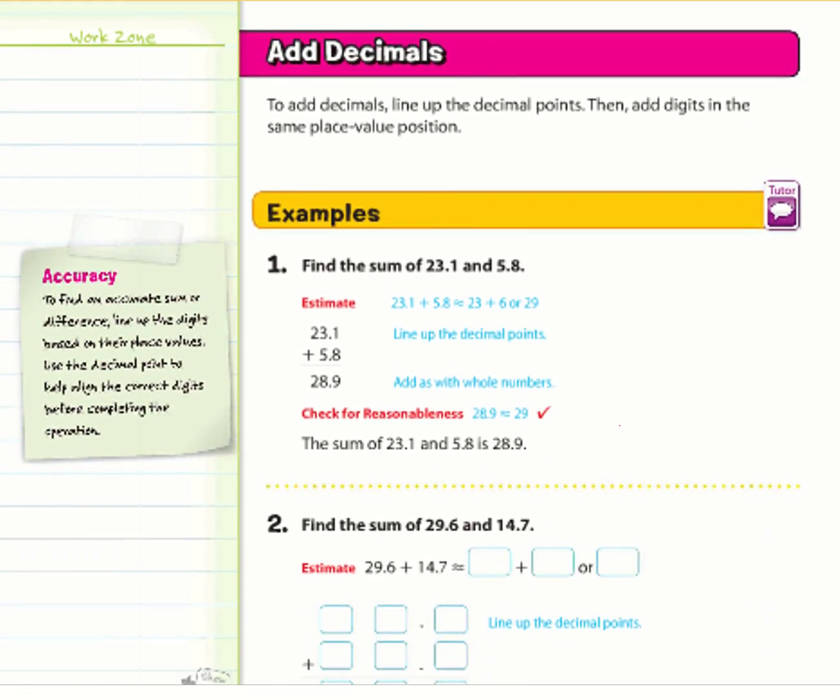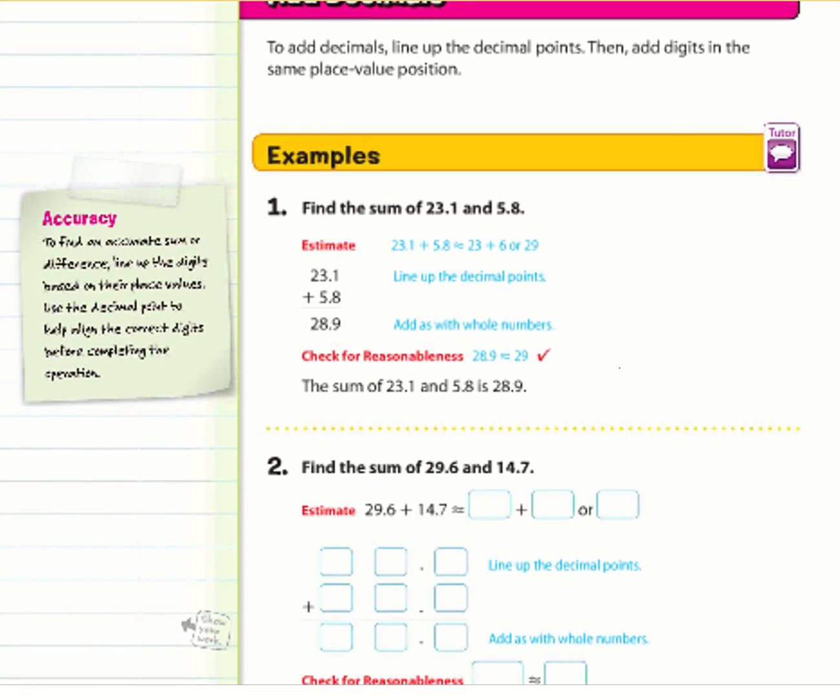Moving on to page 178, we're going to add decimals. Example 1 says find the sum of 23 and 1/10 and 5 and 8/10. We're going to look at the word sum, and just a short review, the sum is the answer of an addition problem. So we're going to be adding this.